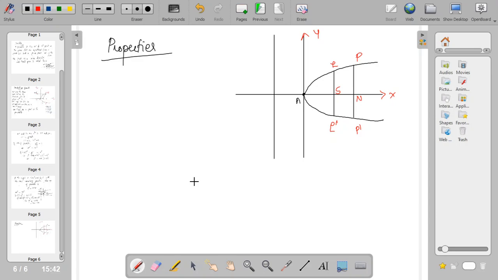So today we will see the properties of the parabola, and we will be considering the parabola y square equal to 4ax. So we will explain the properties using this parabola. So y square equal to 4ax is the equation of parabola.